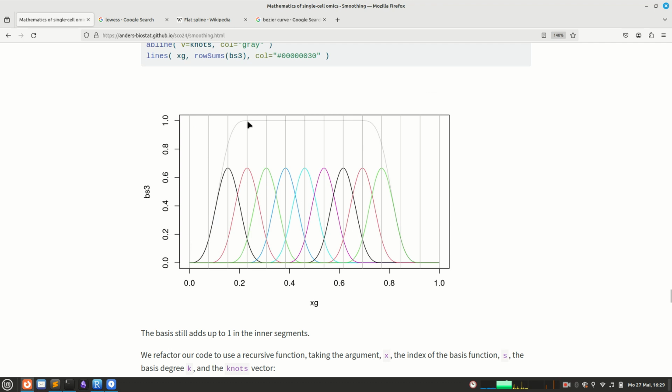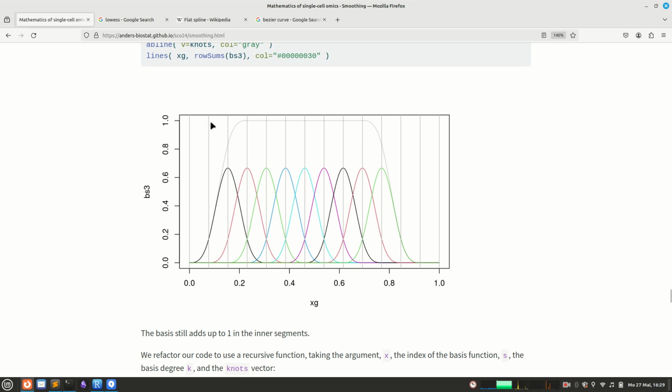The fact that it doesn't add up to 1 everywhere is a little bit annoying, and depending on your application, you might be happier with this version where all basis functions have the same shape, and hence you have the same kind of local properties everywhere along your curve. Or you might want to push the outward knots in so that they sit all on top of each other.